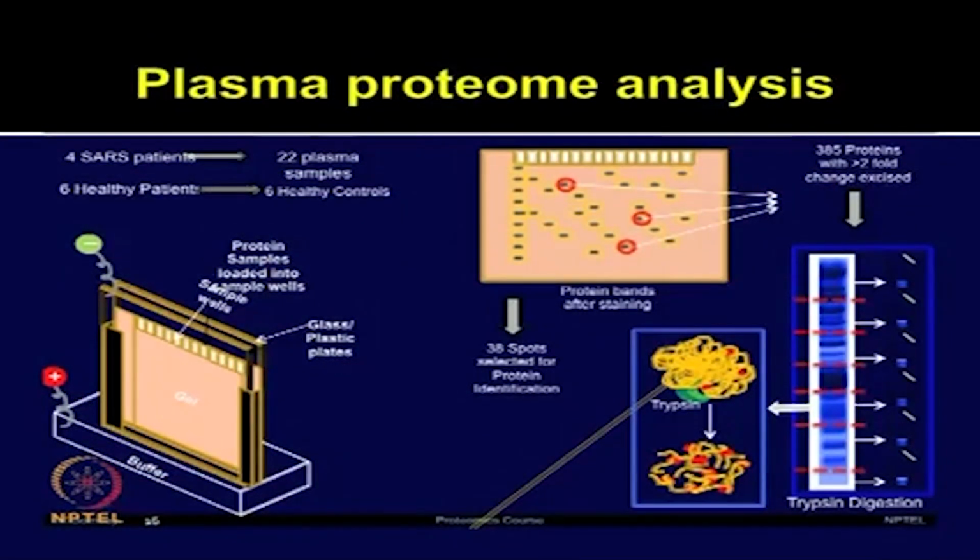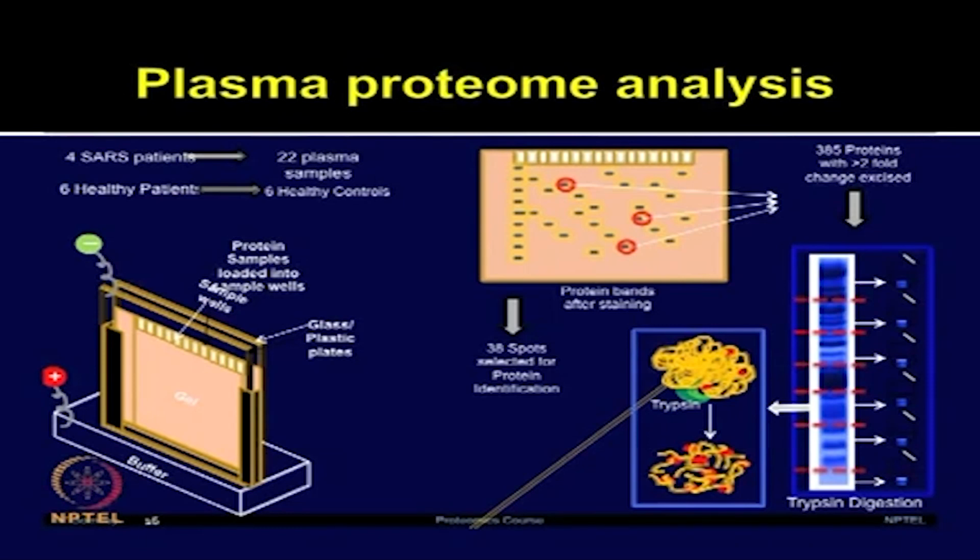Authors analyzed the plasma proteome by using 2-dimensional electrophoresis on 4 to 7 pH immobilized pH gradient strips, and they stained the gels with a sensitive stain, SYPRO Ruby.